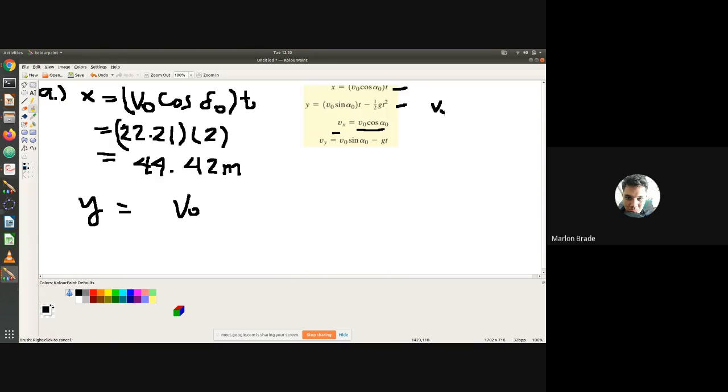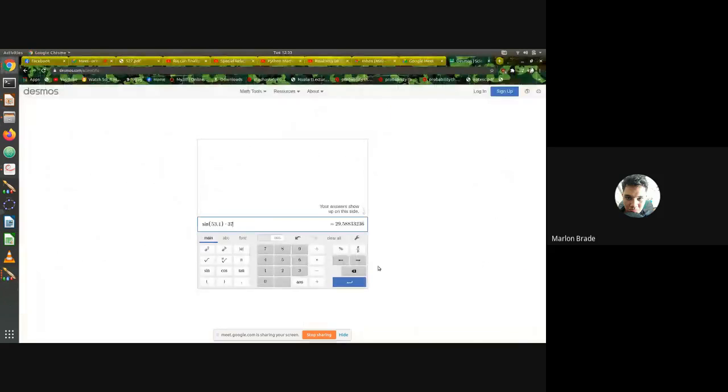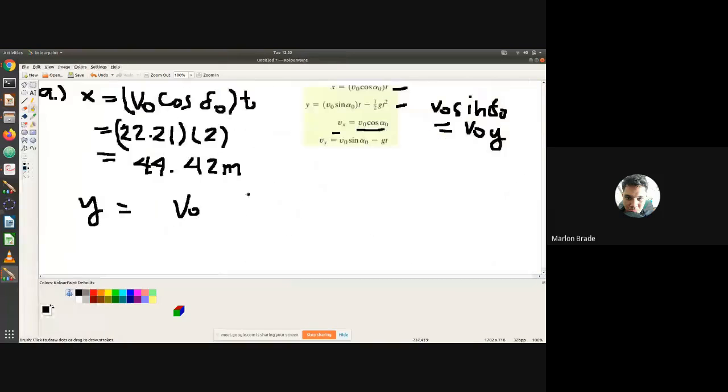So v naught sine alpha naught is just equals to v naught y, which is solved earlier. So v naught y is just equals to 29.58.